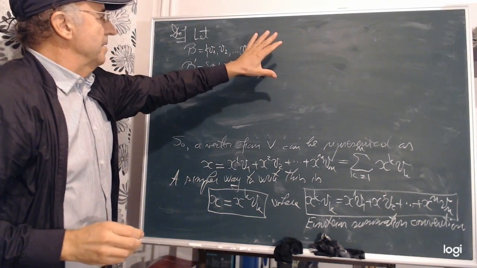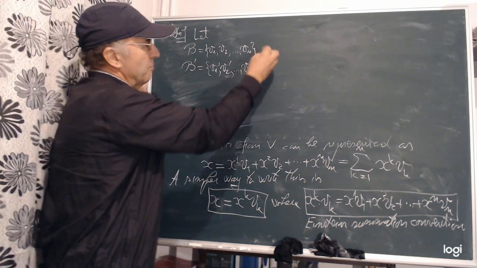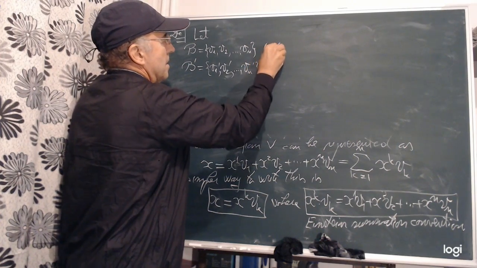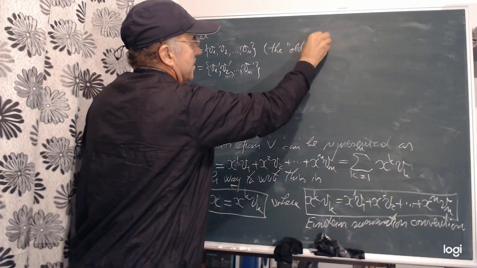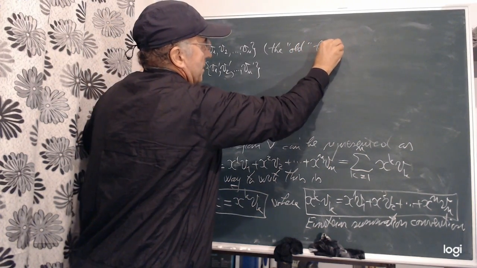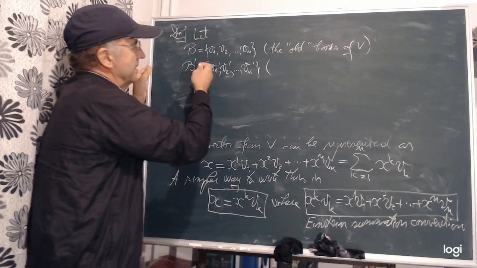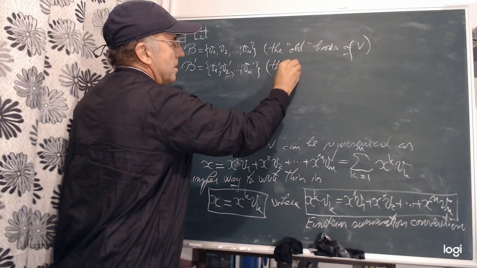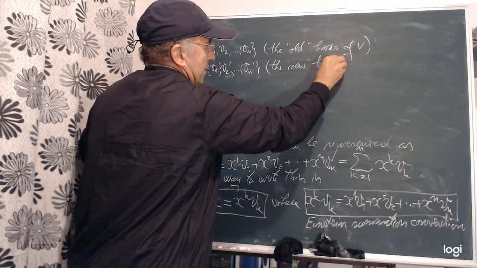Two bases for our vector space, and in order to distinguish them, this is the old basis of V, and the second basis the new basis of V.